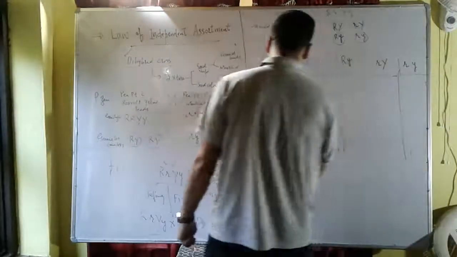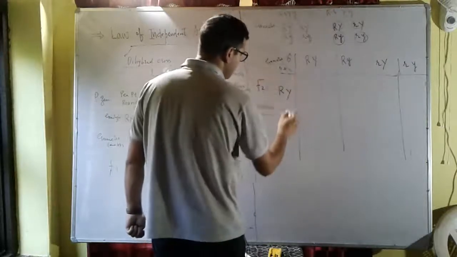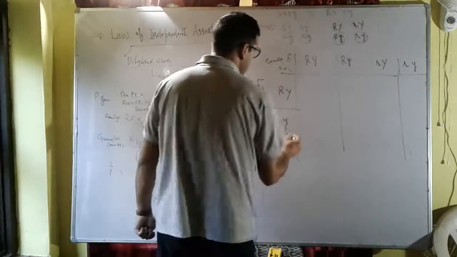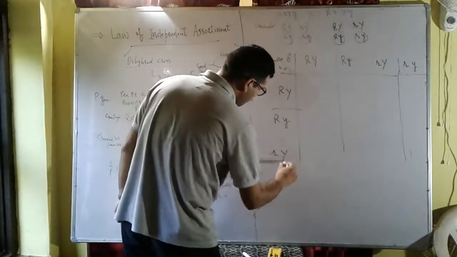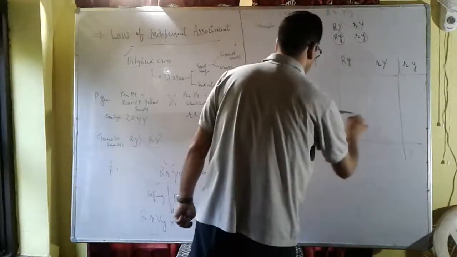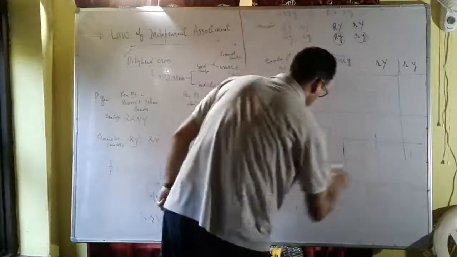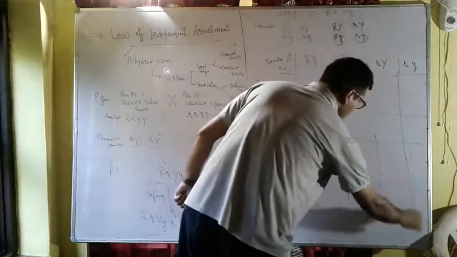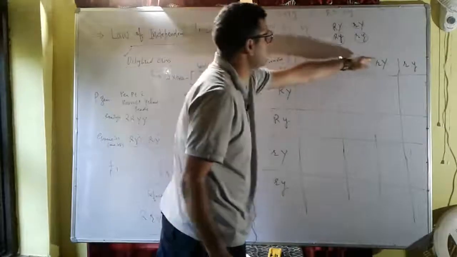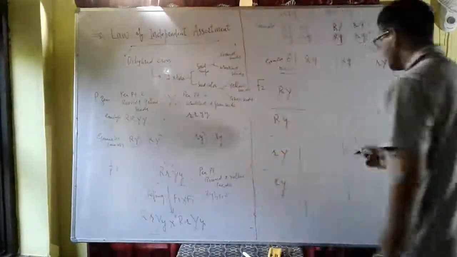Same is the case for the female gametes: capital R, capital Y; capital R, small y; small r, capital Y; small r, small y. These are the male gametes, and these are the female gametes. Then we'll see their fusion.